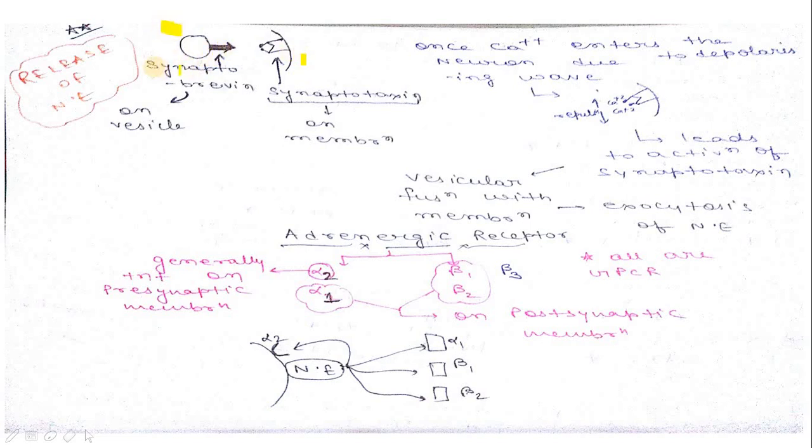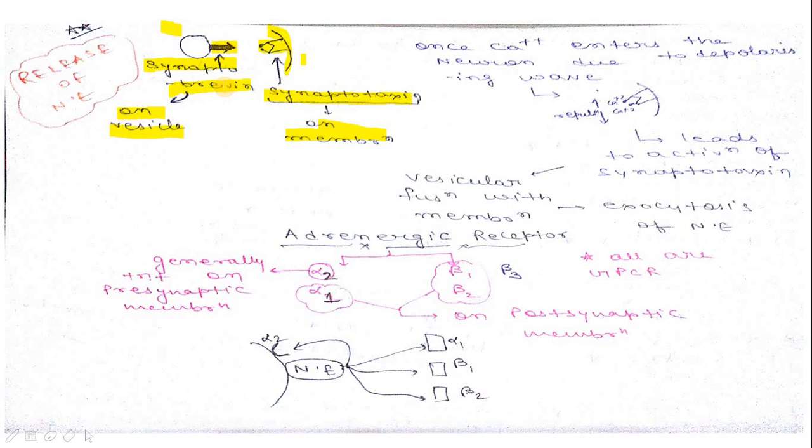These vesicles contain a special protein known as synaptobrevin, which is present on the vesicle, and the presynaptic membrane has synaptotaxin. The synaptobrevin comes and combines with the synaptotaxin and fuses with it, and then the vesicle will release its content, that is norepinephrine.